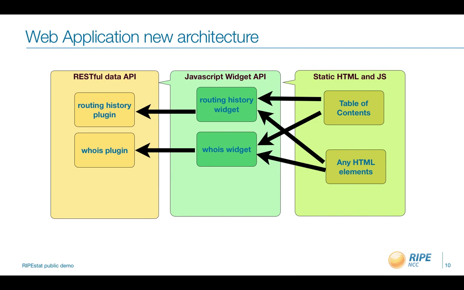Now, as you can see, this is different from what we had, in which all the processing was done in the web application itself. And it is meant to illustrate the point that the new APIs can allow anyone to build their own web applications using or based on RIPEstat functionality.